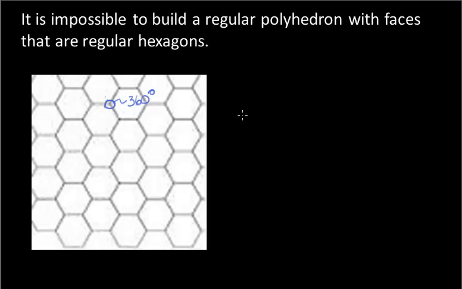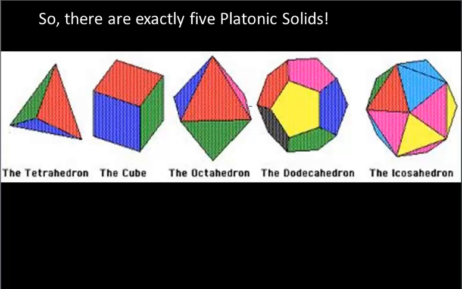So there are none. And as you go up, heptagons, of course, have angles larger than 120, so we certainly cannot join 3 of them together. So what we've proven here is that there are only 5 regular polyhedrons. And here they are: the tetrahedron, the cube, the octahedron, the dodecahedron made with pentagons, and the icosahedron.